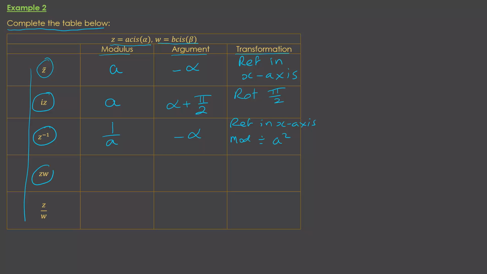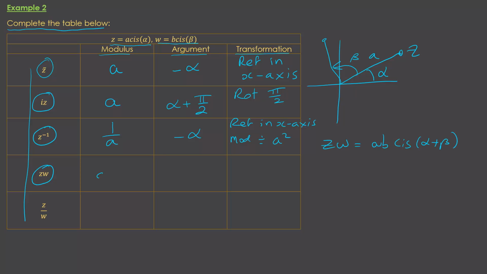Now the next one we looked at in the introduction to this section. So we're treating Z as being the standard, or the first one, and then we're multiplying by W, and that's going to rotate it by beta, and it's going to multiply the modulus. We know that ZW is going to be AB cis alpha plus beta.